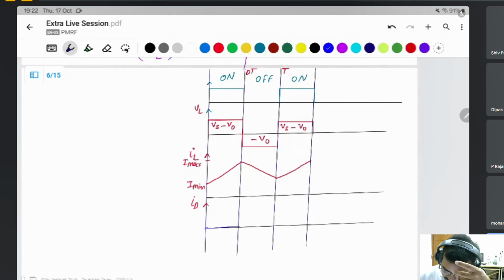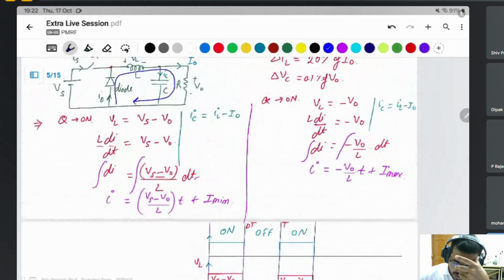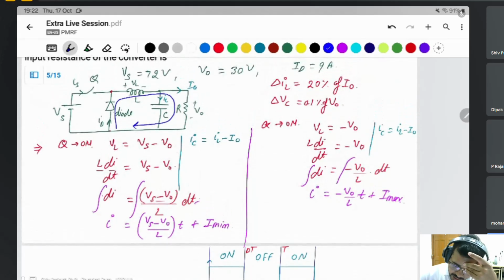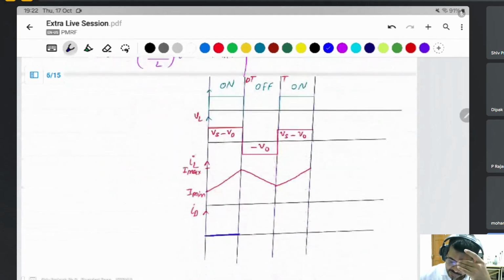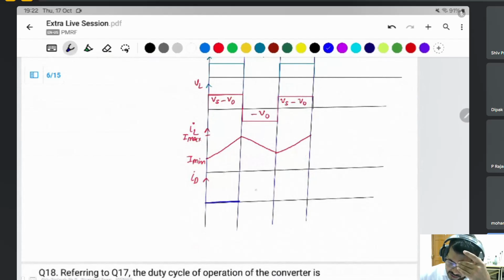Again when the switch is off, the same inductor current is flowing through the diode, and the diode current is flowing like that. And again 0. The same inductor current from here to here appears on the diode.